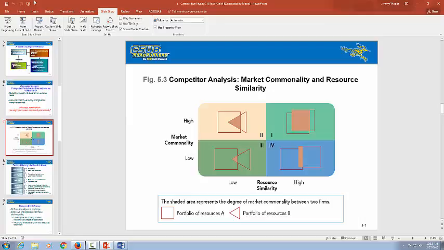In your template, you're going to put cleaning products as the segment, and then 2 as the level of market commonality and resource similarity, and then you're going to choose whether you think Church & Dwight uses an attack or a defense posture. Okay, so that would seem to be an attack position. So attack, and the description would be, Church & Dwight focuses heavily on getting their brand out in the marketplace. For this reason, we've decided that they focus on an attack posture, period. Got it?